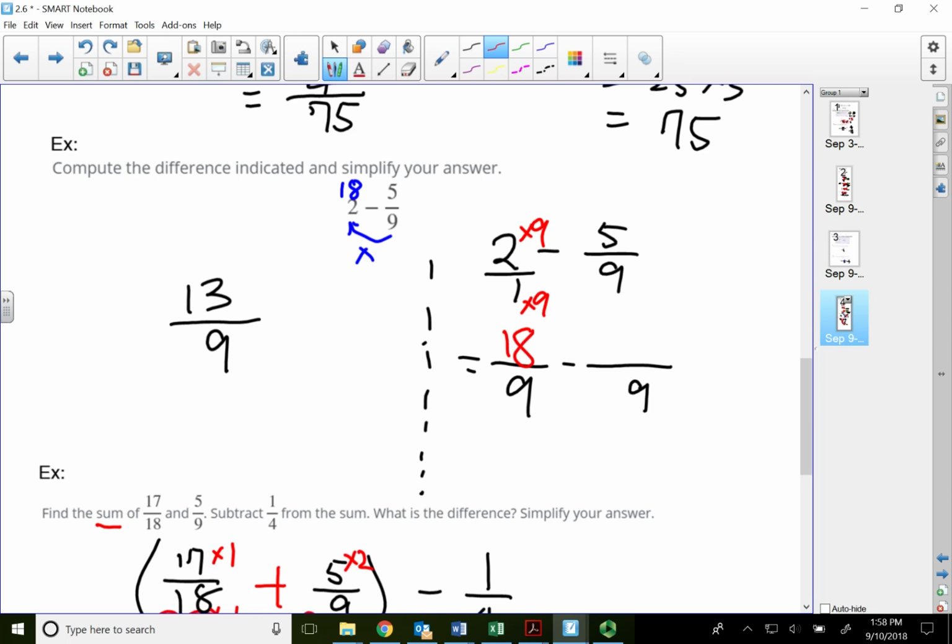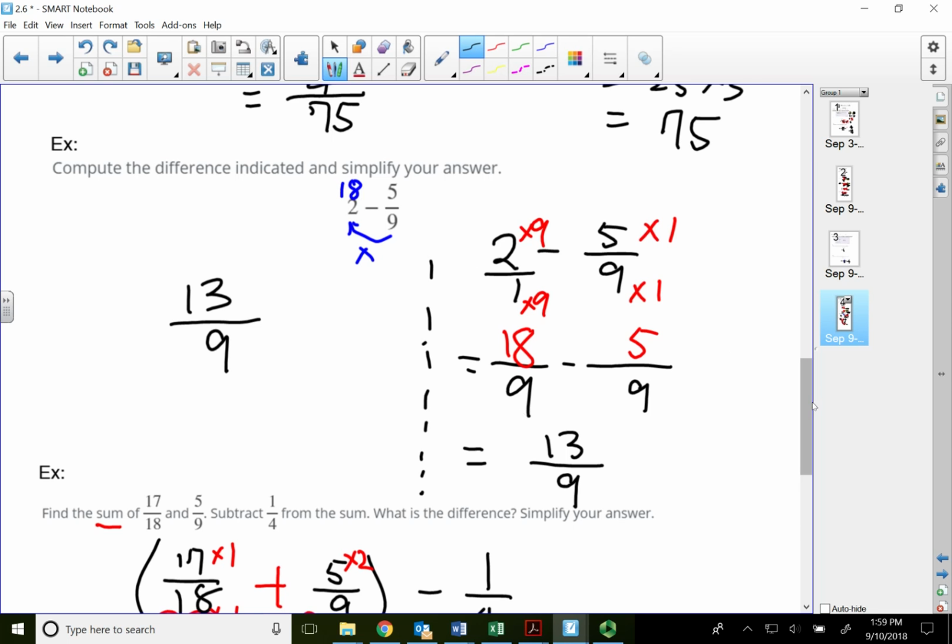This red 18 and that blue 18 are exactly the same thing. Second denominator is 9 going to the new LCD 9 one time, numerator times by 1. 5 times 1 is 5. 18 minus 5 on the numerator also gives me 13 over 9. So either technique will give you the same answer.